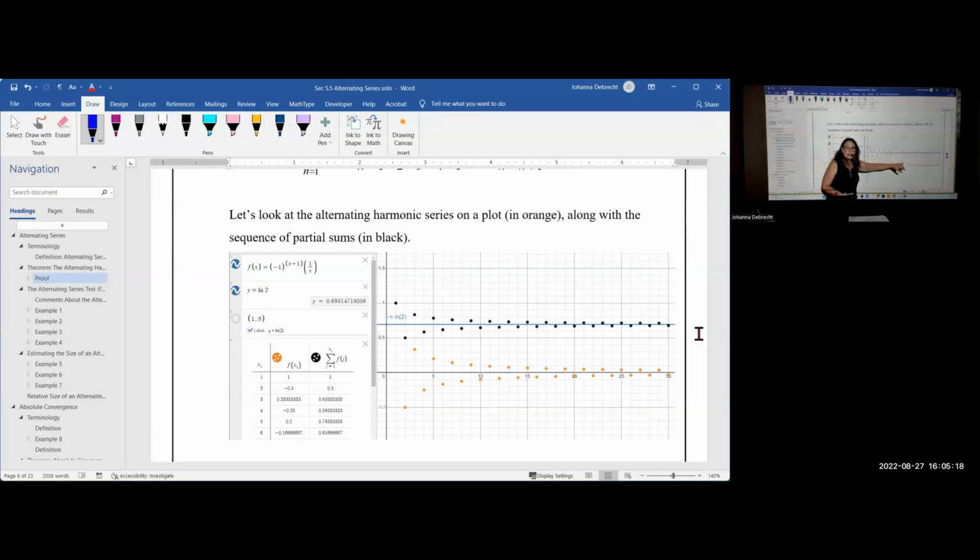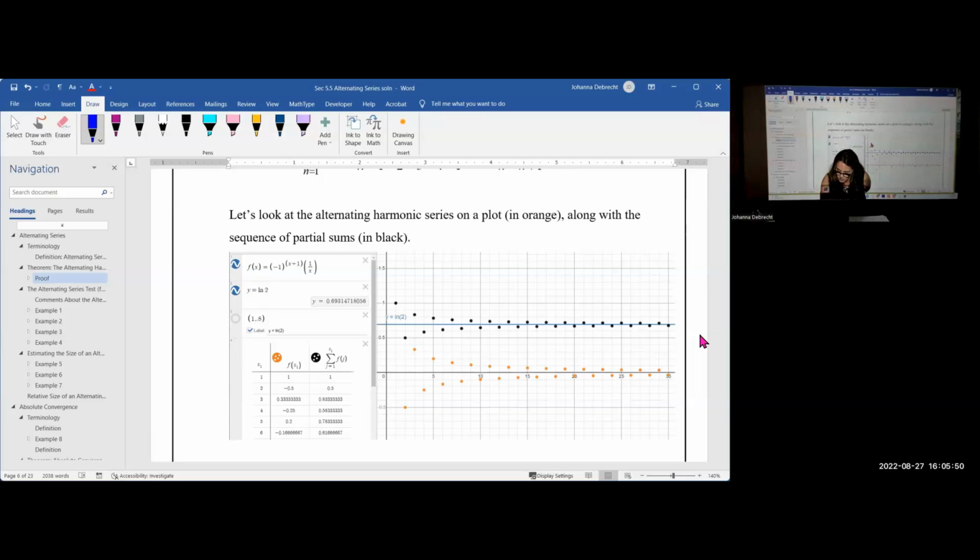So we can see right here that we have the odd sums decreasing, but bounded below by 0. And we can also see that we have the even partial sums below and increasing and bounded above by 1, which is what we showed. But in fact, they're both bounded by natural log of 2. And we can see these partial sums alternating above, below, above, below, above, below.